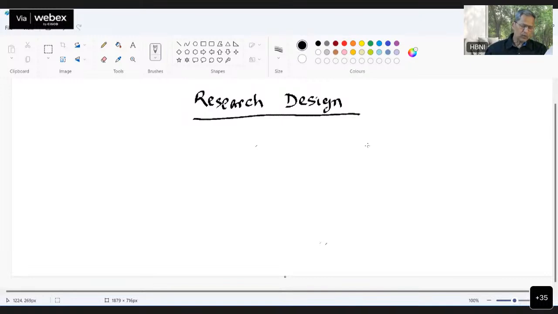The basic principle of research design depends on research philosophy. We will discuss this in a little more detail, but it's a very important aspect.